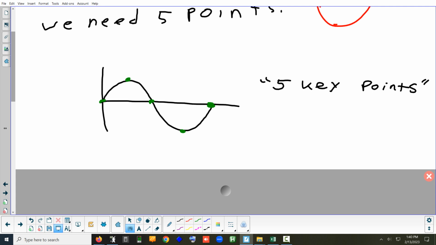Now, let's think about those points for a little bit. We know that we start at 0. This is a picture of one cycle. Where does the cycle end? It's the same as asking, what's the length of the period in that picture?